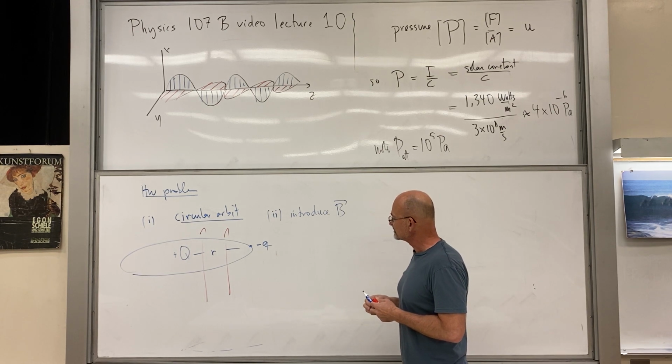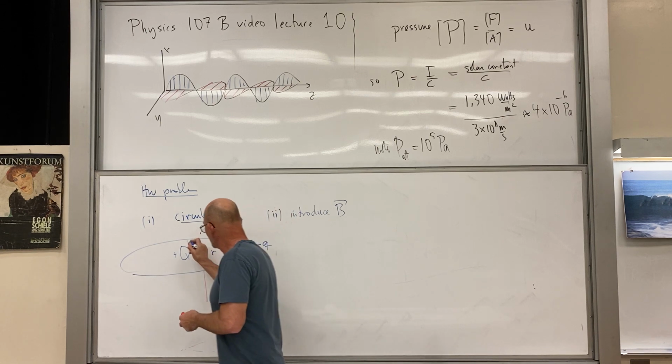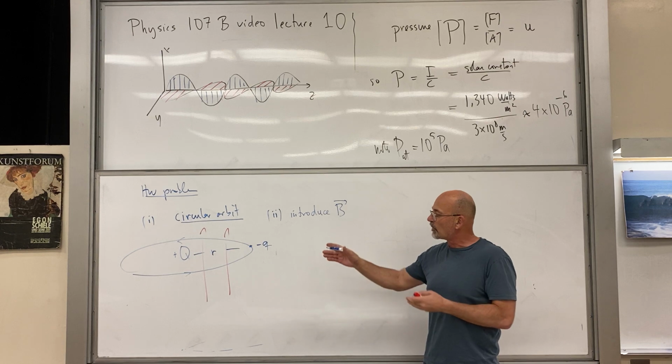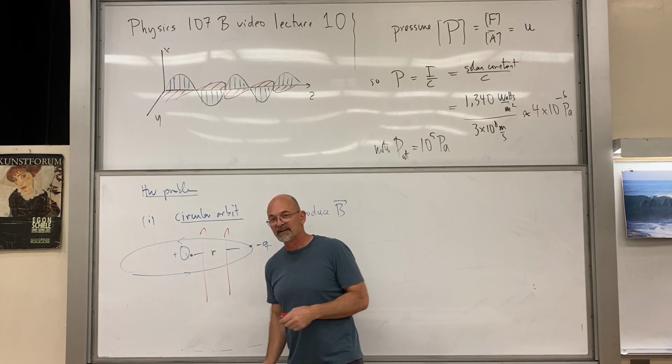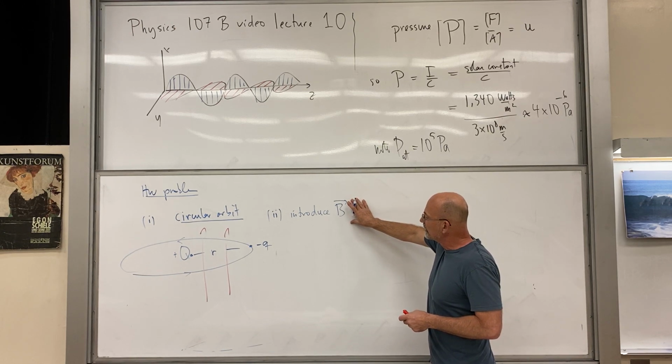And this is a minus charge, and with the directions I'm indicating, we're going to get an additional force towards the center. This positive Q is just occupying the center. So we're going to get an additional force.